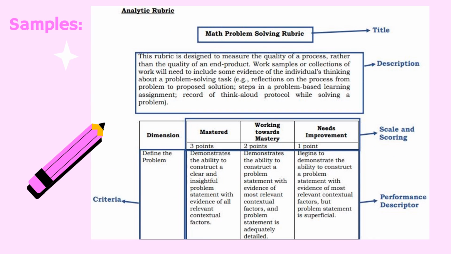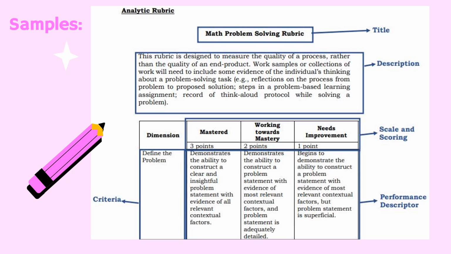Now this time, let's have an example for analytic rubric, where you can see the title, math problem solving rubric, and the description. This rubric is designed to measure the quality of a process rather than the quality of an end product. Work samples or collections of work will need to include some evidence of the individual's thinking about a problem-solving task.